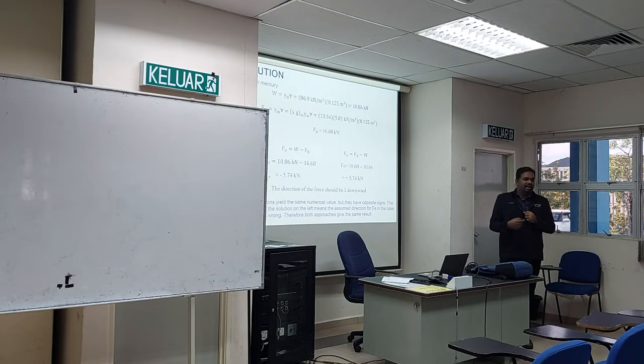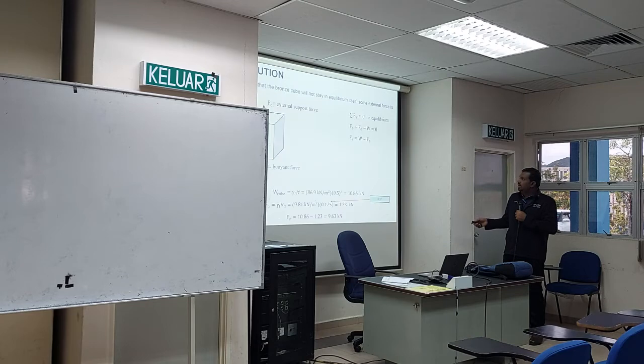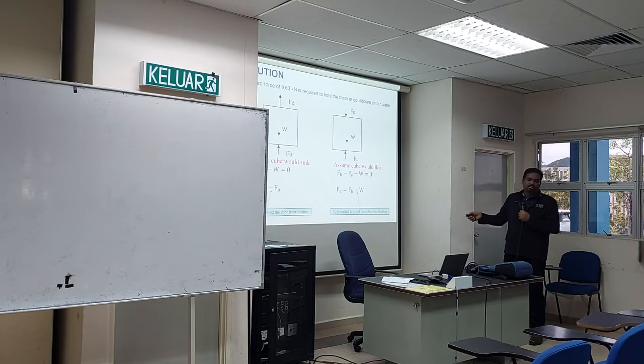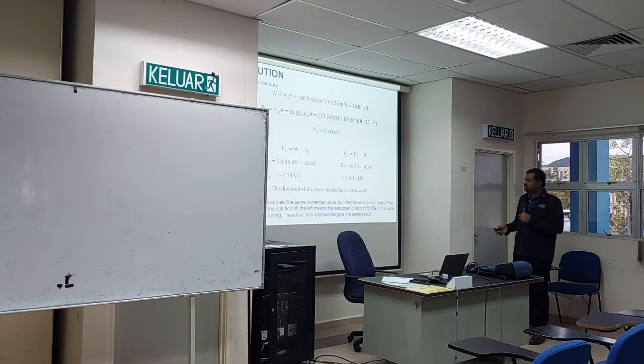Force cannot be negative. So based on this you know which scenario happens. So the direction of the force should be downward. Meaning this situation is the correct one based on the calculation. So you are applying a force to make it maintain inside the water.